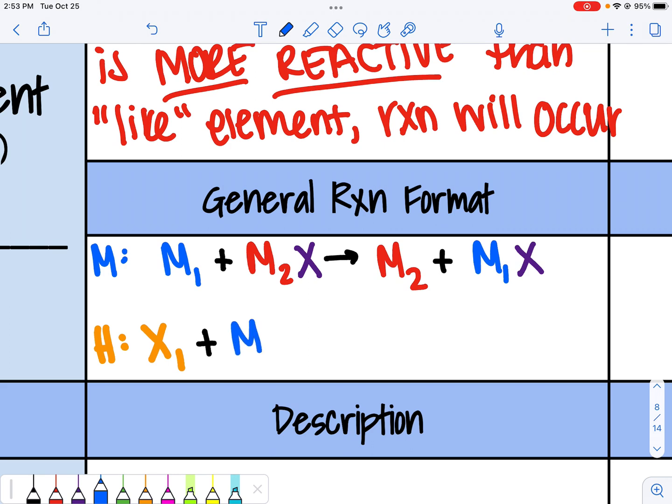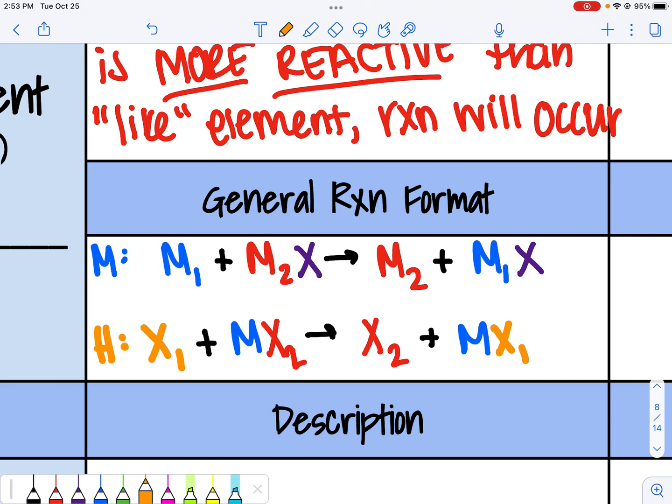So in this case, you have your metal bonded to some halogen, X2. If your halogen's more reactive, it'll kick X2 out to be on its own, and it will replace X2 in the equation just like that.